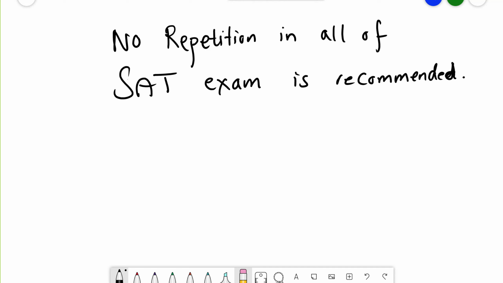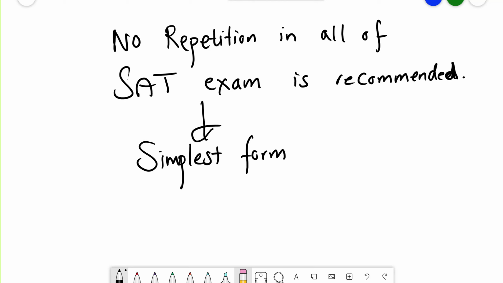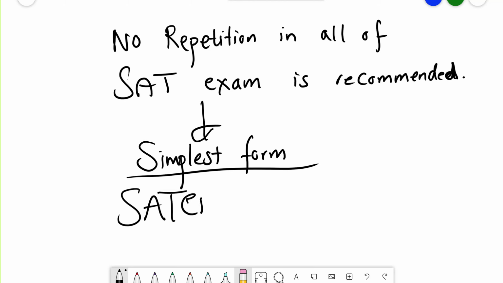So no repetition, because that would create redundancy. So remember simplest form, effective form. And remember SAT always has a strong preference for the simplest form. This is all about the quiz that you're going to do right now.